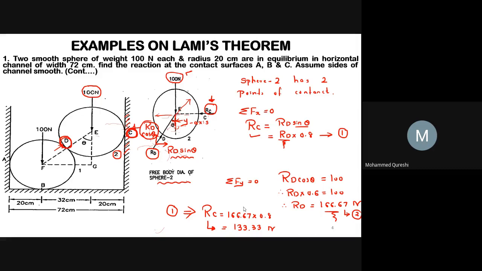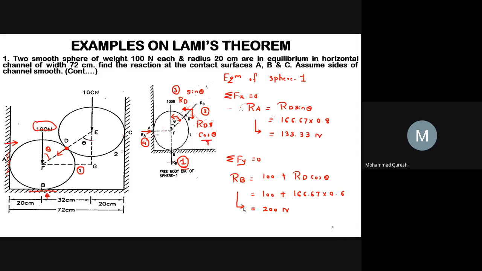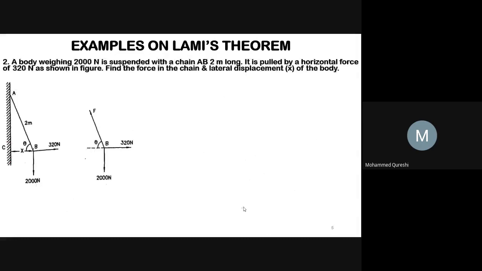Here we have 2 points of contact at C and D. Hence we calculated RC and RD. Then go for the free body diagram for sphere 1 and calculate the reactions at point A and at point B. In this way, we calculated the reactions at contact surfaces A, B and C.